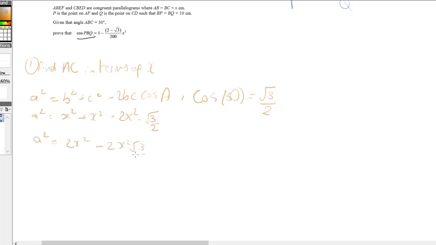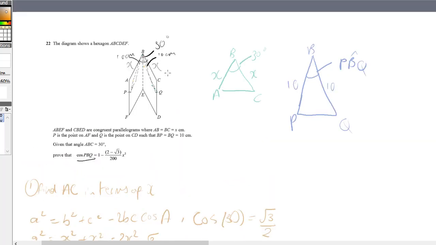And now if we factorize 1 minus square root of 3 over 2, and then we know for a fact that AC equals PQ because AC there and PQ are the same because they're based on a parallelogram.